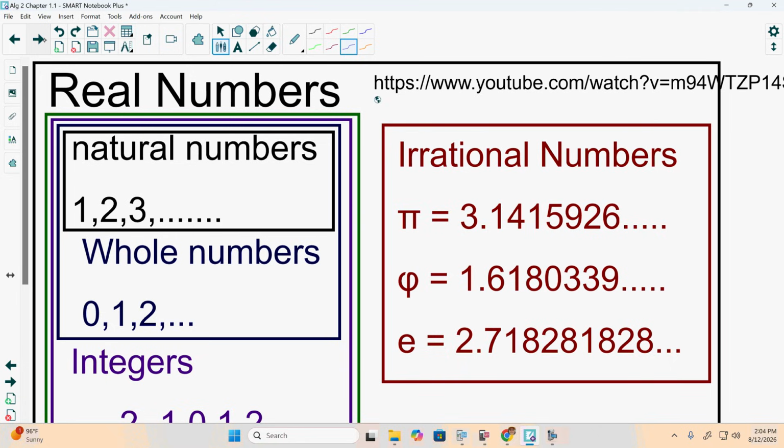All of these are contained within real numbers. So an irrational number is a real number. A natural number is a real number. And the symbol for real numbers is an R with 2 lines. That's why rational did not get the R, because real numbers already had it.